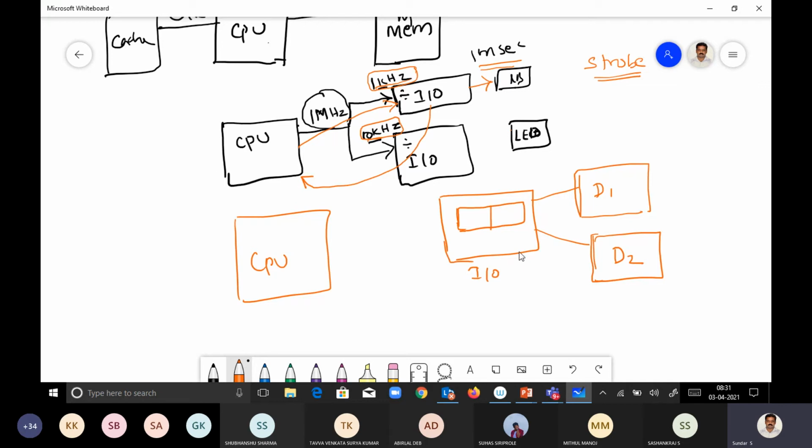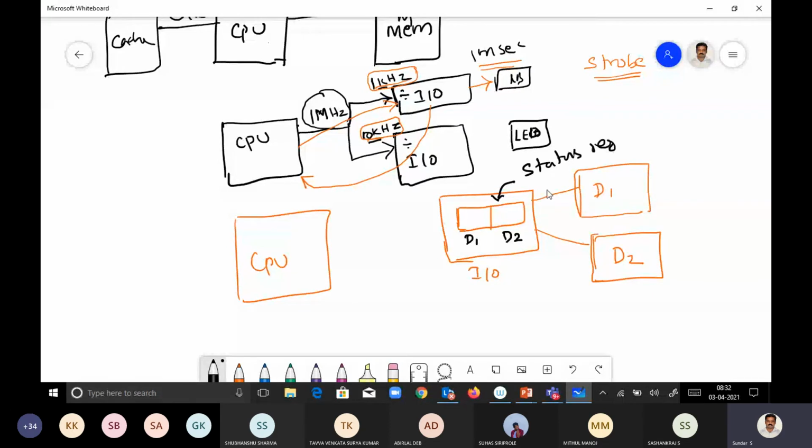For example, this IO model is connected with two devices. This box belongs to device 1, and let us assume this box belongs to device 2. This box is called the status register.